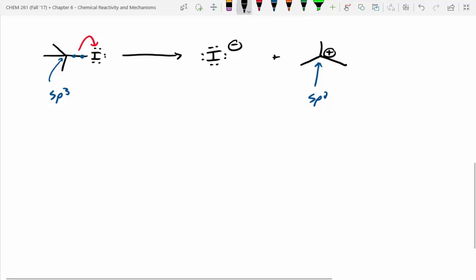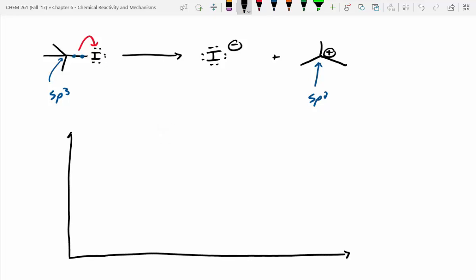Okay, so now what we want to do is draw our reaction coordinate diagram. And this is a simple reaction, right? We've got starting materials over here, so I'm just going to label it starting materials really anywhere. We've got G on this scale, and we've got reaction progress down here. Do you think the products will be higher or lower in energy than our starting material?